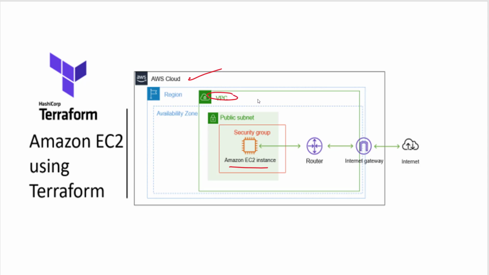Inside the VPC, I will create a public subnet, because I want to connect this public subnet to the internet by an internet gateway, and also I will create a router to route packets from EC2 to the internet through the Internet Gateway.